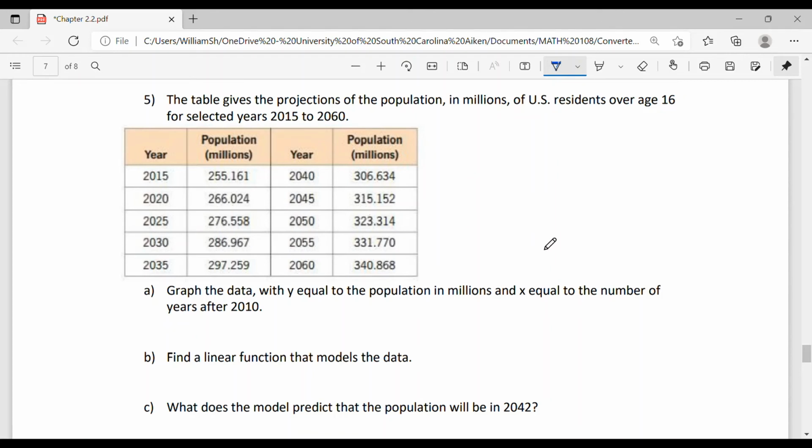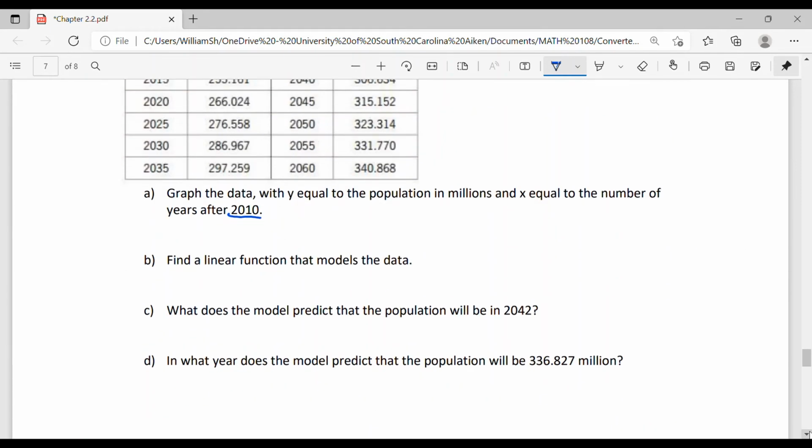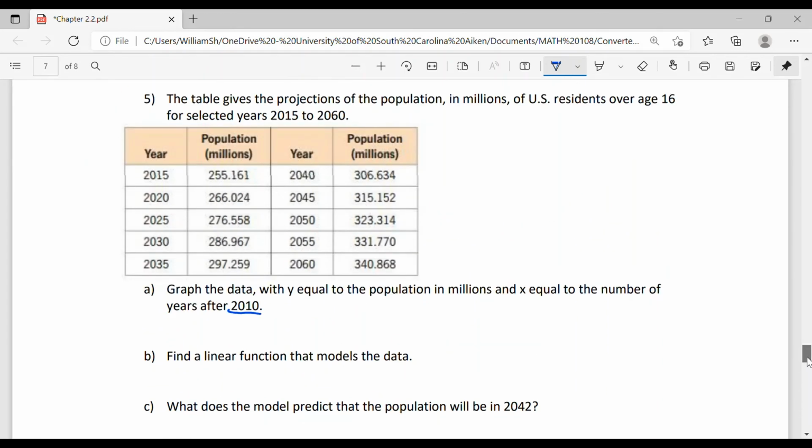Graph the data with y equal to the population in millions and x equal to the number of years after 2010. So we need to align our data. And we're going to find the linear function that models the data. And we want to know what does the model predict the population will be in 2042? And in what year does the model predict the population will be 336.827 million? So we will solve all those questions when we go to the calculator.